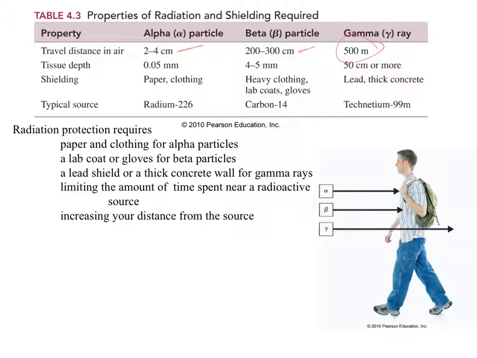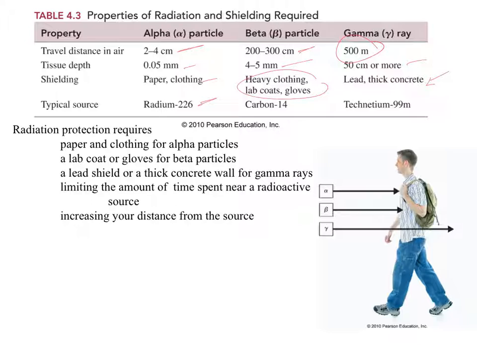You can see, again, tissue depth, very different. Alpha being the least penetrating, gamma being the most. And again, shielding. A piece of paper will block an alpha particle. Beta, just wear thicker clothing, a lab coat even, or gloves. Versus gamma, you need a lead apron or thick concrete.